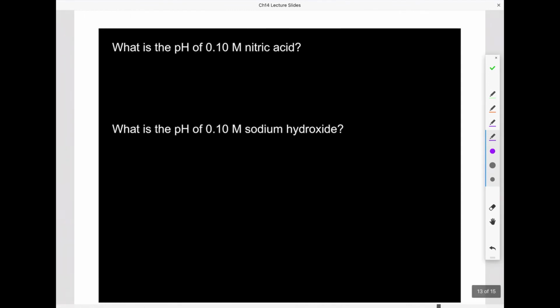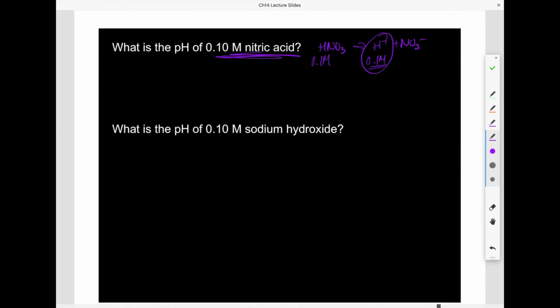All right, so let's do some quick calculations. What is the pH of 0.1 molar nitric acid? First, let's have a formula, nitric acid. And again, we're going to stay in the land of strong acids and strong bases. So what that means is if I have 0.1 molar nitric acid, I also have 0.1 molar H plus, or 0.1 molar hydronium.